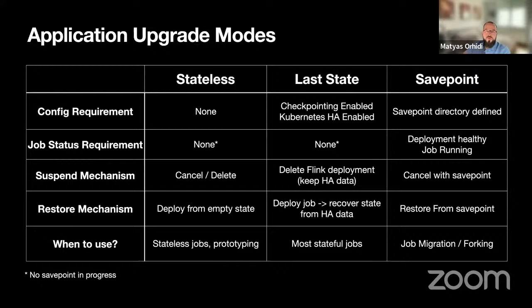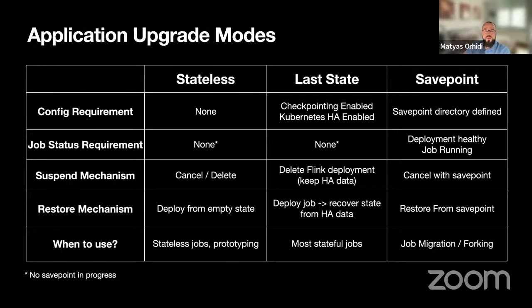So out of the three, the stateless is the simplest. It has no requirement in the Flink configuration, and apart from no savepoint being in progress, it can be performed on the cluster right away.